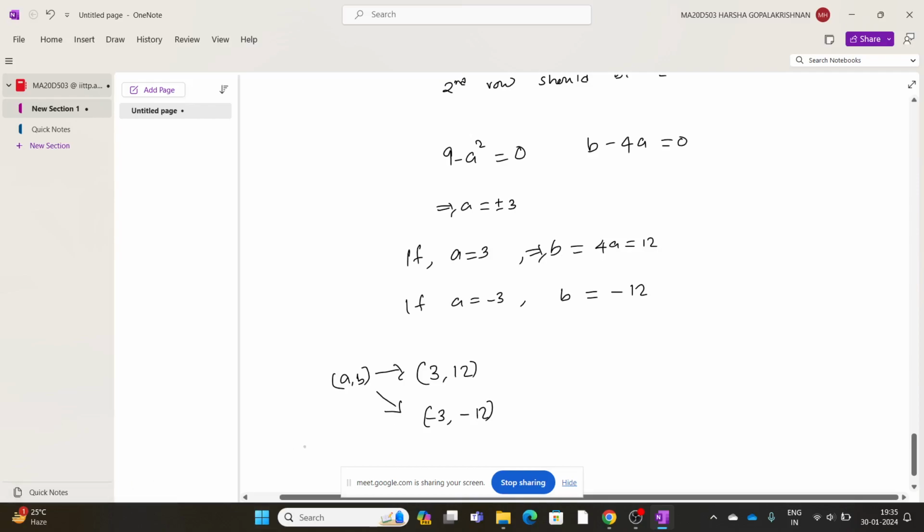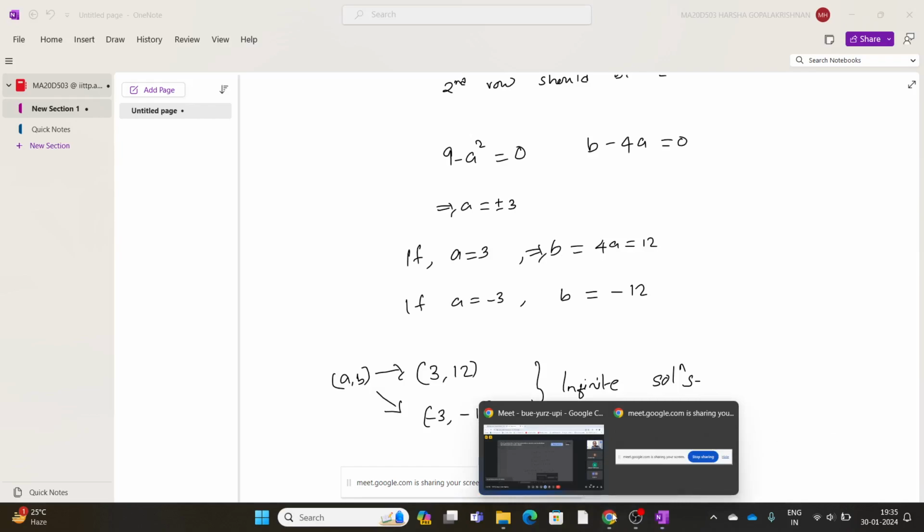In both of these cases, we have infinite solutions. See, b depends on a. We cannot write 3 and minus 12; when we substitute 3, we get 12. So it should be (3, 12) and (minus 3, minus 12). In this case, infinite solutions are there. Clear?